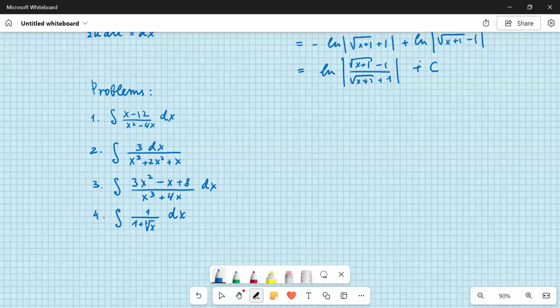Okay, this is a cube. It doesn't look like a cube. Let me write down 1 over 1 plus cubic root of x. Cubic root of x. That's all. And kind of practice with these 4 problems.